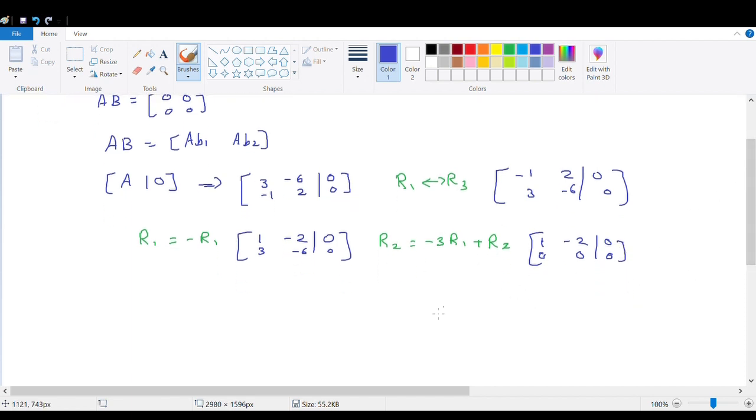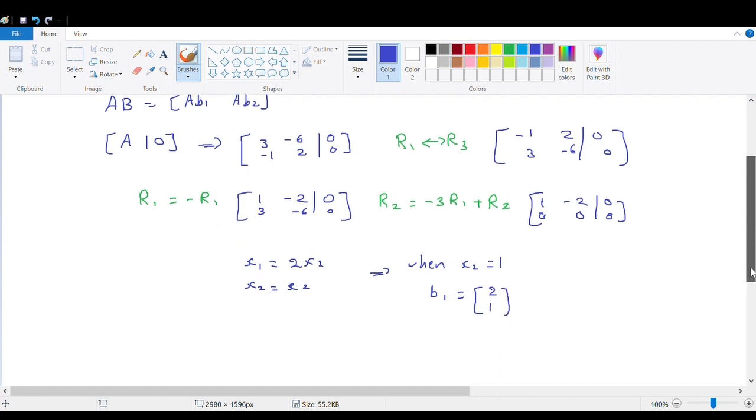So from here it is clear that x1 is equal to 2 x2, and x2 is equal to x2. So we may take x2 equal to 1, and b1 will be equal to 2 multiplied by 1, 2, since we said x2 is equal to 1.